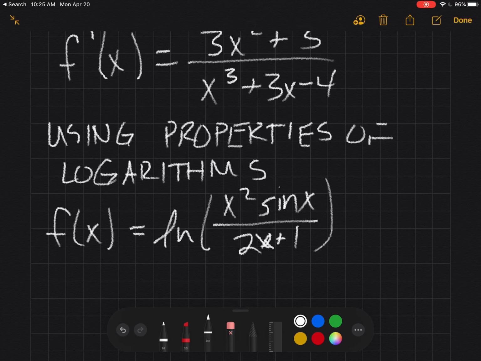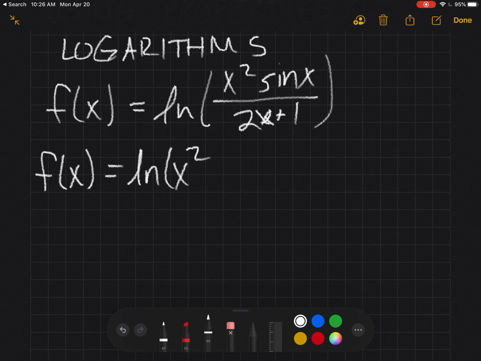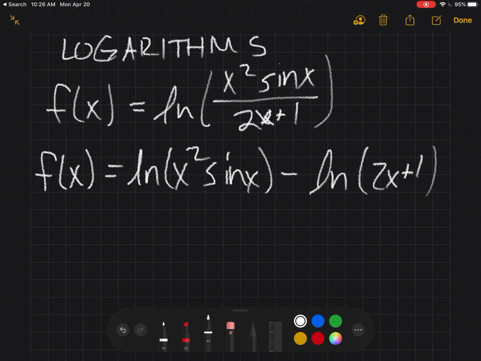Let's suppose I give you this function: f of x is the natural log of x squared sine of x over 2x plus 1. And I want you to take the derivative of this beast. Right now it would be a little bit scary because I have a lot of chain rule, the quotient rule, and the product rule, all of those things in here.